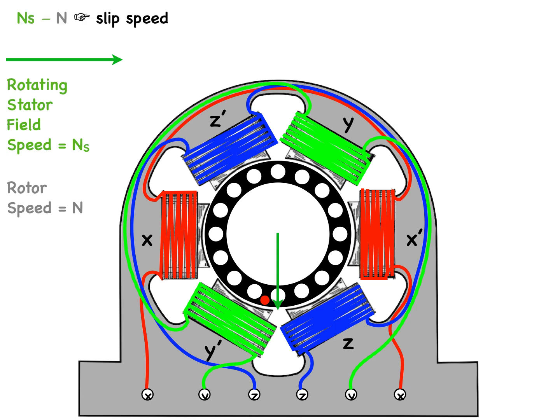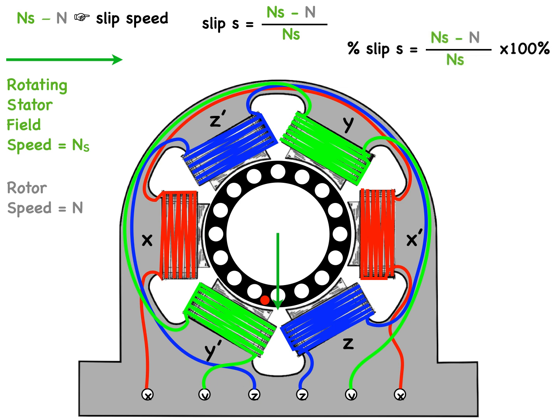Rotor slip speed is the difference between the synchronous speed ns of the rotating stator field and the actual rotor speed. Slip is expressed as ns minus n over ns, and as you can see, it's more often than not a number less than 1.